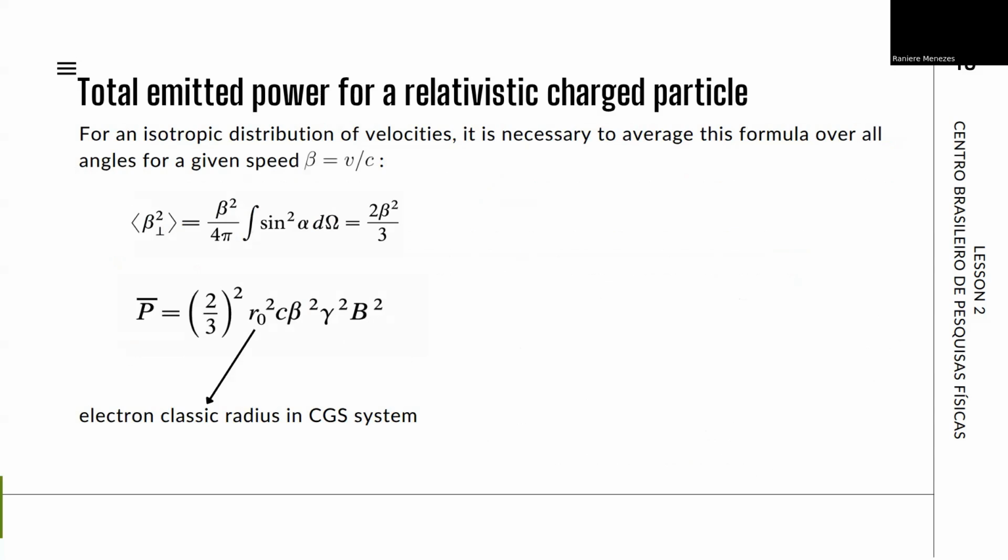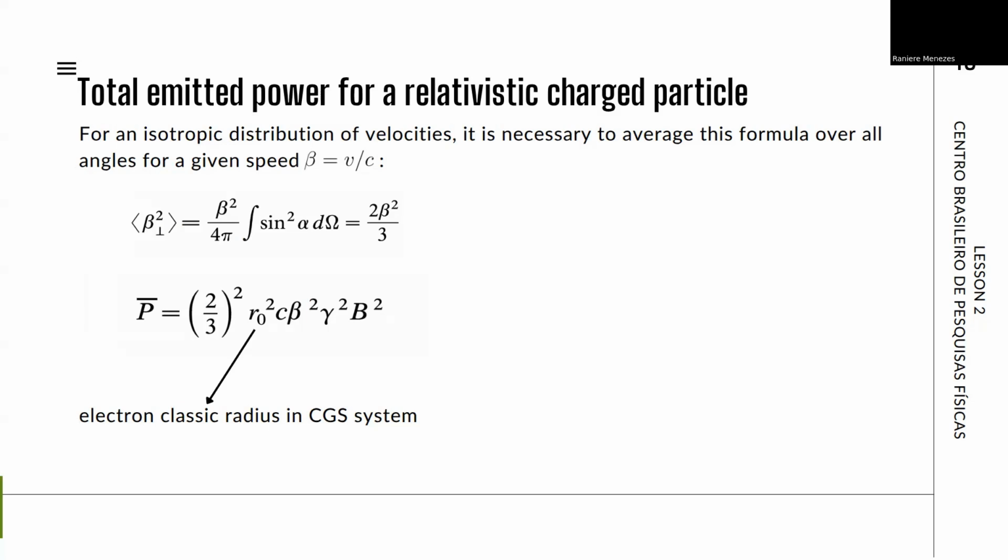We can estimate the average power emitted by a single electron. If we simply integrate over all the possible angles, we have beta squared sin squared alpha. Beta goes out of the integral. We just have to solve this, and the average becomes this.